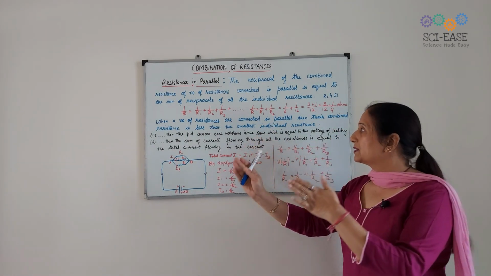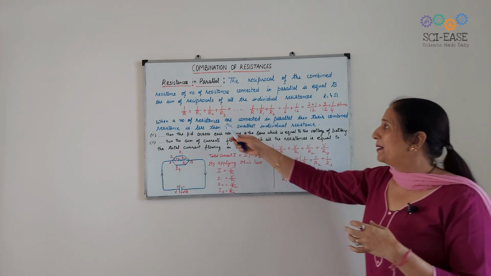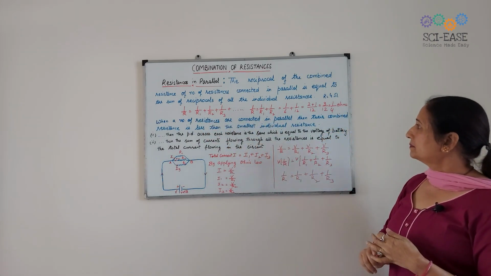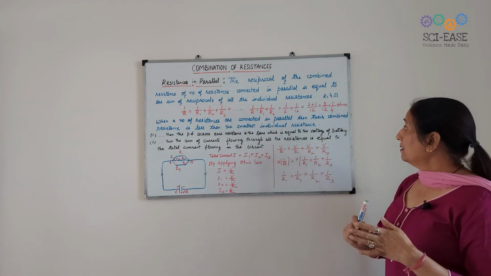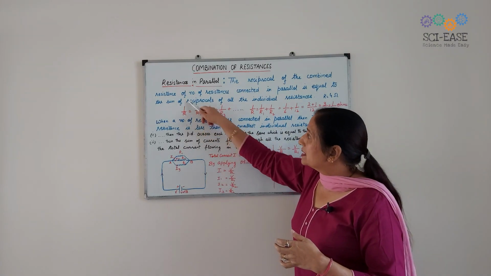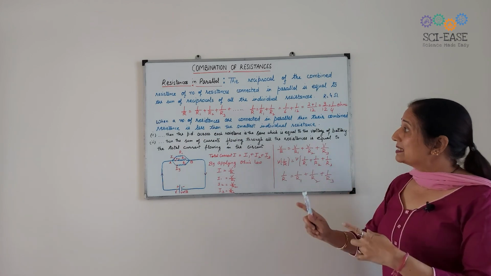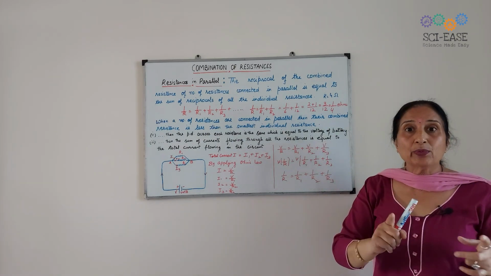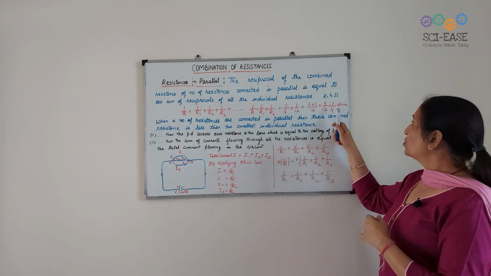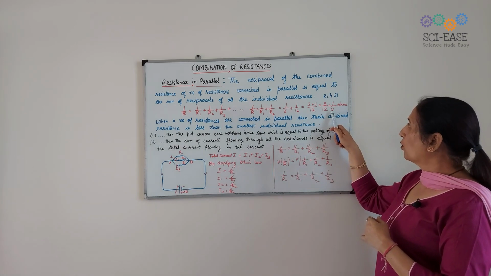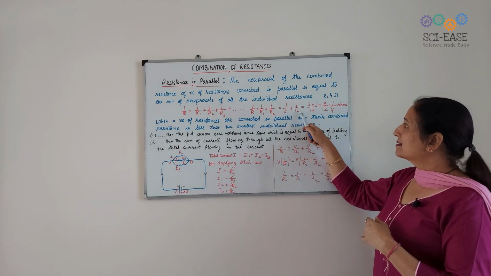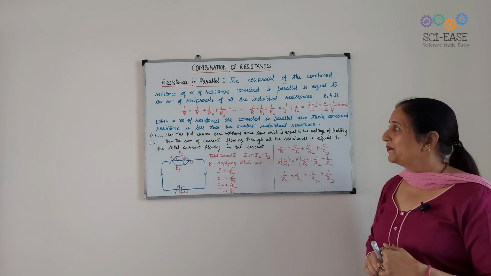When the resistances are connected in parallel like this, then their combined resistance R is less than the smallest individual resistance. So here we have calculated 4, and 4 is less than 6 and 12.